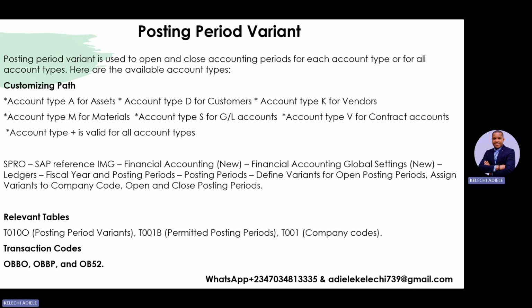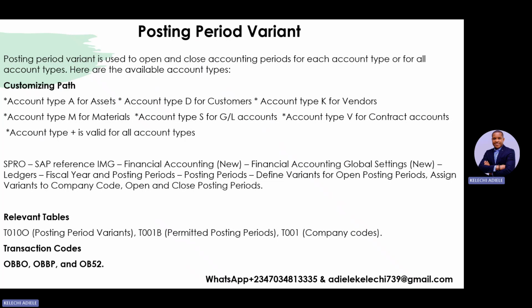So the posting period variant is used to open and close accounting periods for each account type and for all account types. So what controls how you post transactions into different periods?